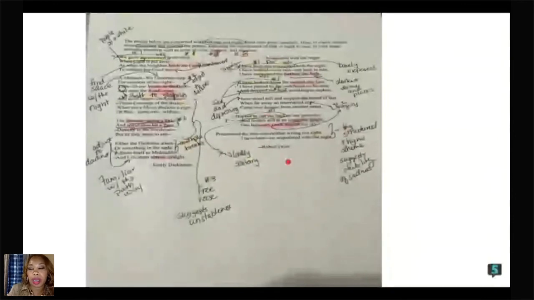And if you're working on the AP exam, you only want to spend roughly 7 minutes annotating the passage. So annotate just enough so that you've understood the devices asked in the prompt. Does that make sense?